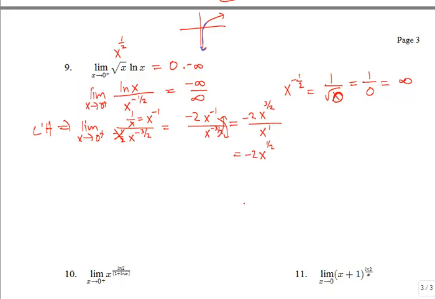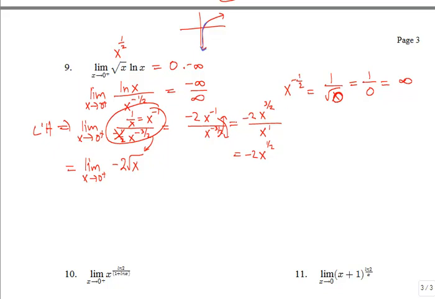And that negative 2 is still there. So after all of this simplifying, what I'm really trying to take the limit of, all of this stuff turned into a negative 2 x to the 1/2, which is a square root. So all of this became that. So do that work, because plugging in right away is going to give you another indeterminate form.